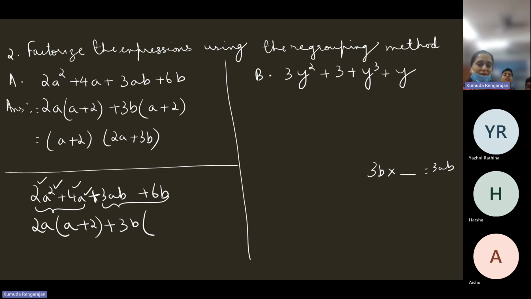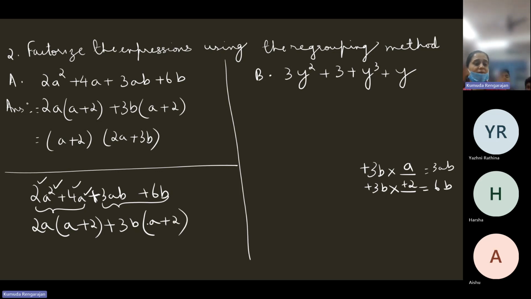We have taken out plus 3b common, right? That plus 3b multiplied by what will give us this term plus 3ab? So it will be a. So that a should be written here. Then that plus 3b, which is common, should be multiplied with what to get the product 6b? Plus 2. Plus 2.